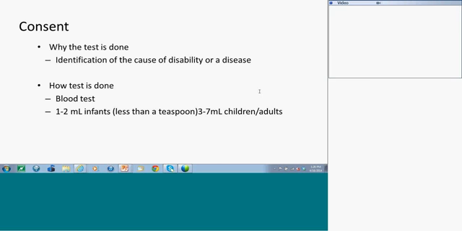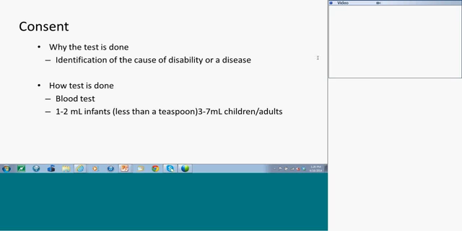If the parents are also submitting blood, there is a part of the consent that says that I'm not going to receive a report, and my blood is going to be used as the control for the child. It's again important to understand because this is only identification of the cause of disability in an affected person.